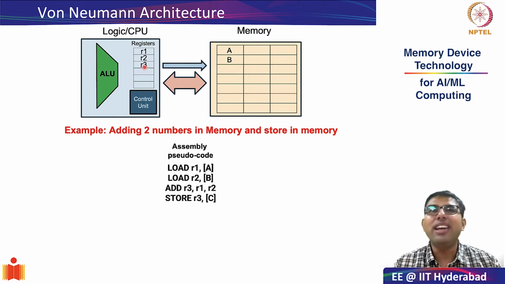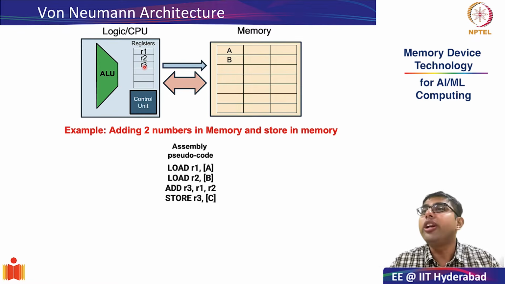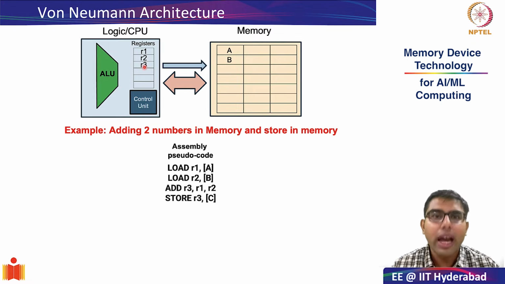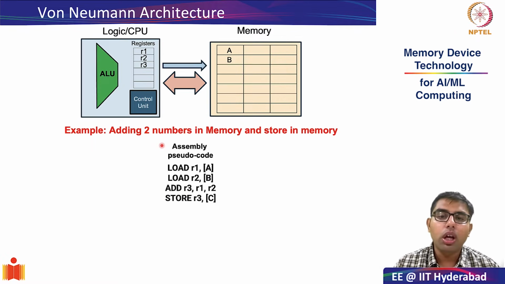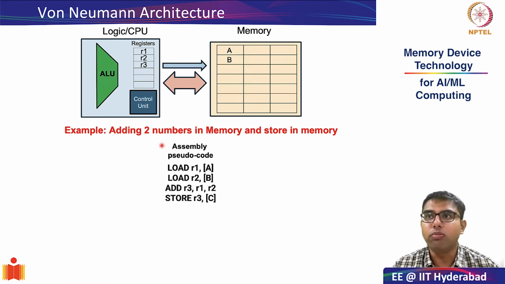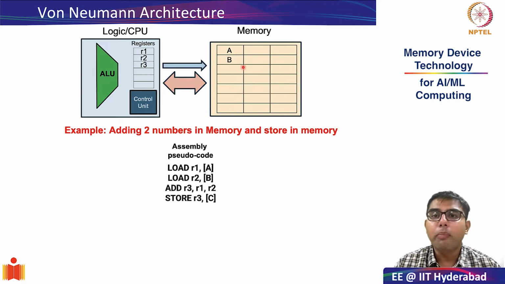We are just trying to see, in a generic situation, how the Von-Neumann architecture adds two numbers, looking from a little higher perspective. The final operation is store R3 into memory location C. This tells the control unit to feed the contents of R3 back into memory location C, which is in the external memory.